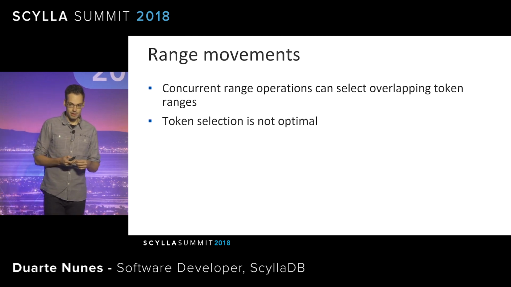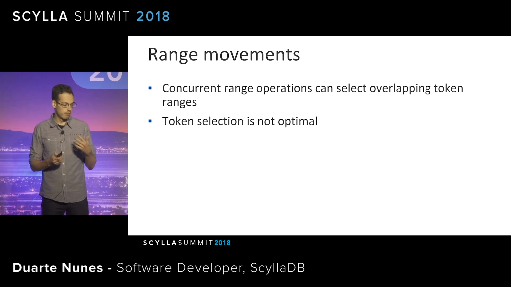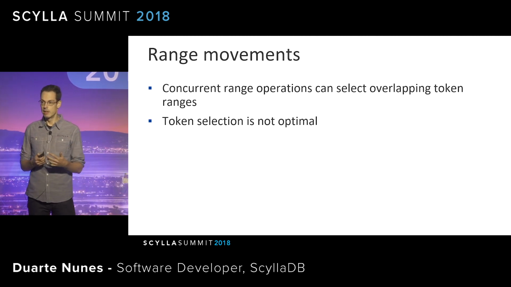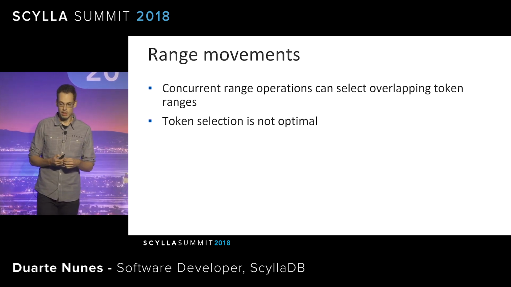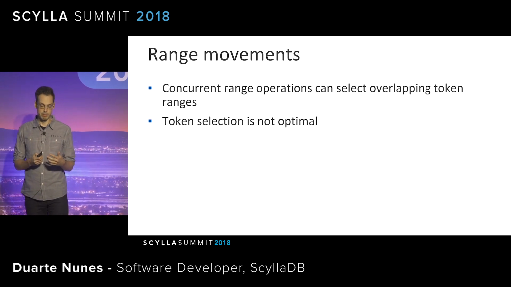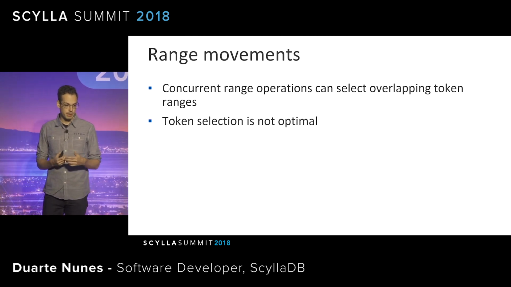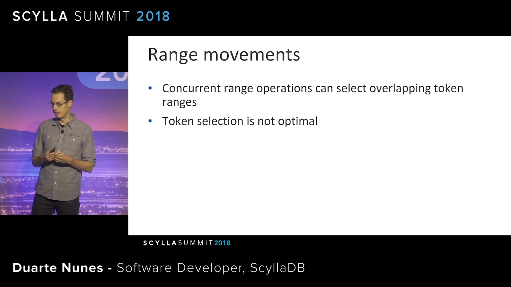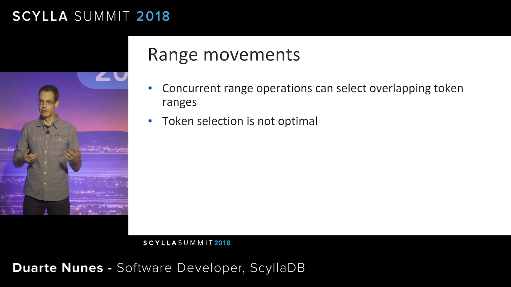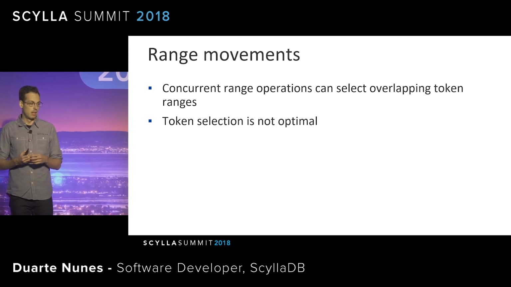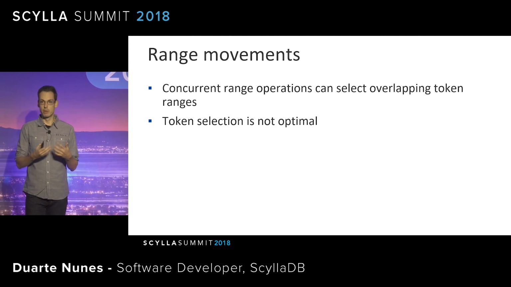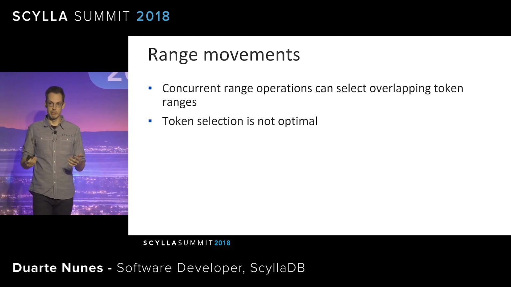And again, having some strong consistency mechanism, some central point, can allow us to solve these problems. We can even take it a little bit further and think about Scylla balancing itself as time goes on, since we can have this central component making global decisions about the cluster.